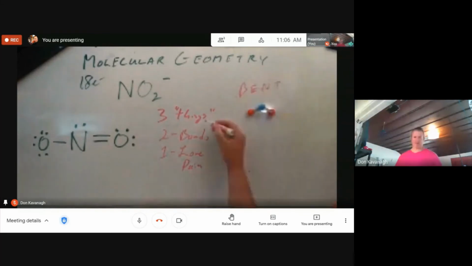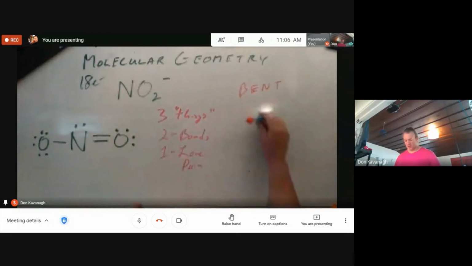Anytime that central atom has 3 things poking around it, 2 of them are bonds and 1 of them is a lone pair, it is going to form this bent molecular geometry right here. Now, the electron domain geometry will be trigonal planar. The electron domain geometry involves all of the things that are going around there.